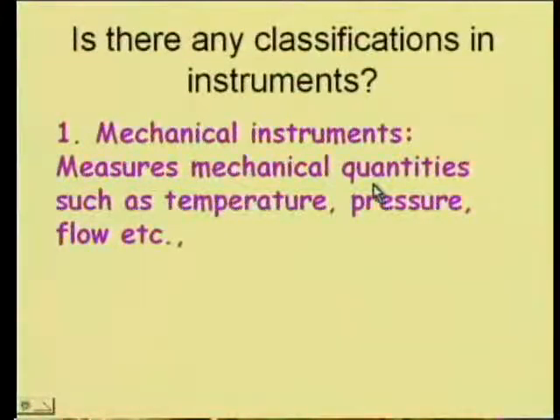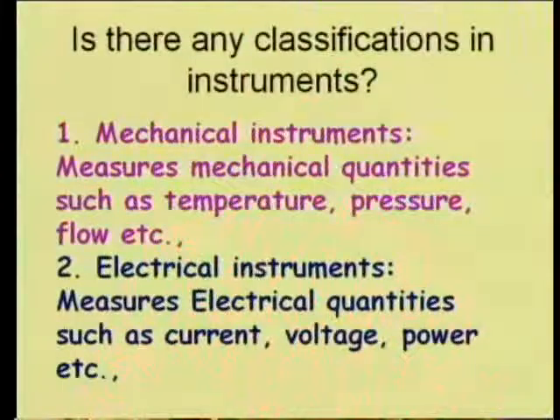They measure mechanical quantities such as temperature, pressure, flow, etc. And next we go for electrical instruments. Electrical instruments measure electrical quantities such as current, voltage, power, etc. To measure these, we go for electrical instrumentation.